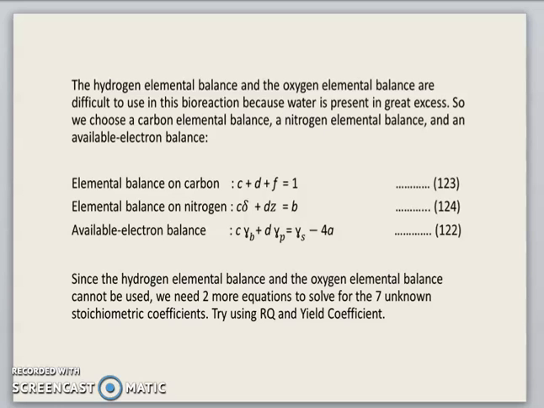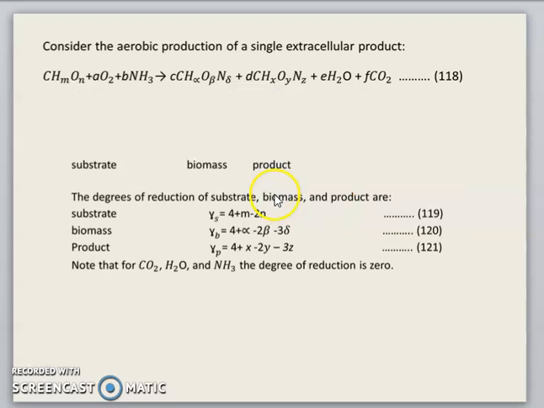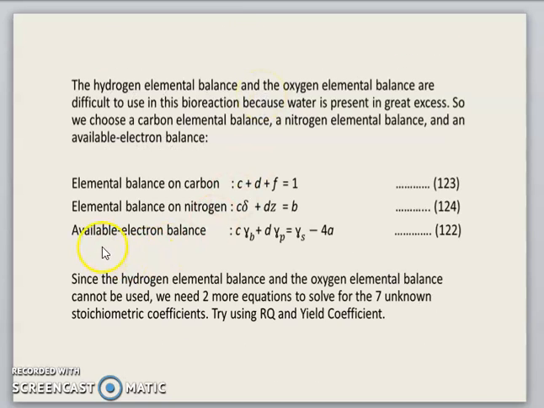You need to have the elemental balance of carbon, the elemental balance of nitrogen, and the available electron balance. Then come up with the equations, all of which come from the stoichiometry, based on the element of carbon, the element of nitrogen, and the available electron balance.